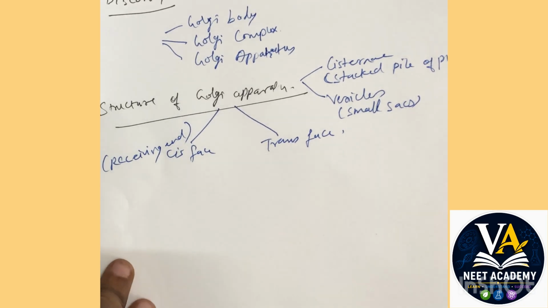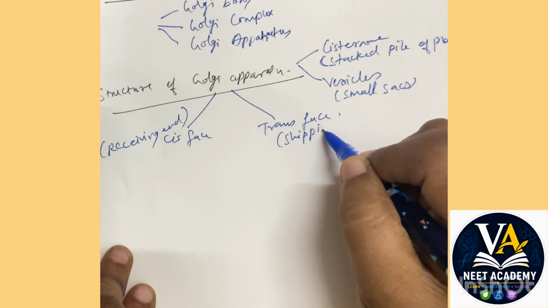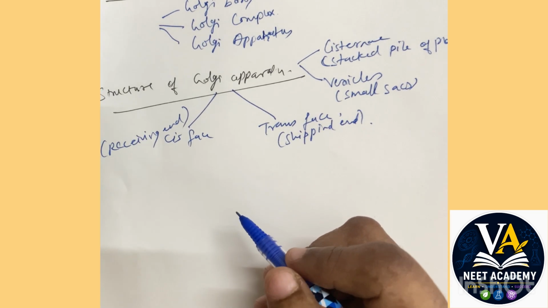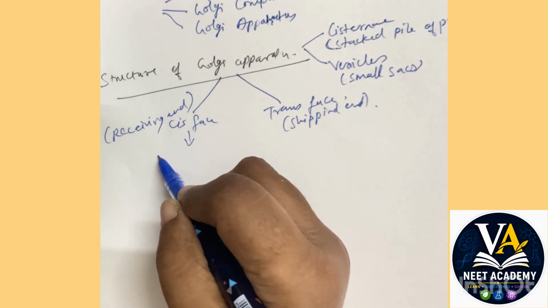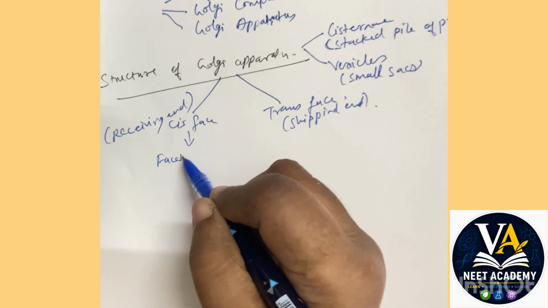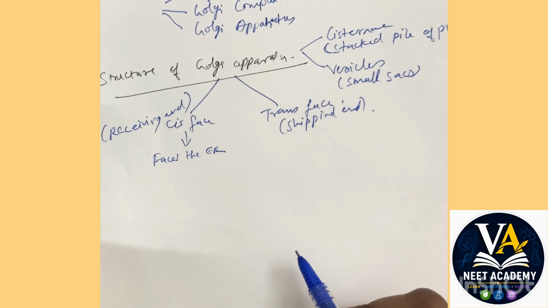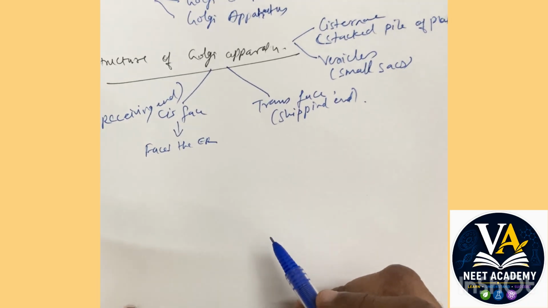And the trans face, you can also call it the shipping end. Right? Okay. Now what is a cis face? Cis face is something which faces the endoplasmic reticulum. Okay, this faces the endoplasmic reticulum.